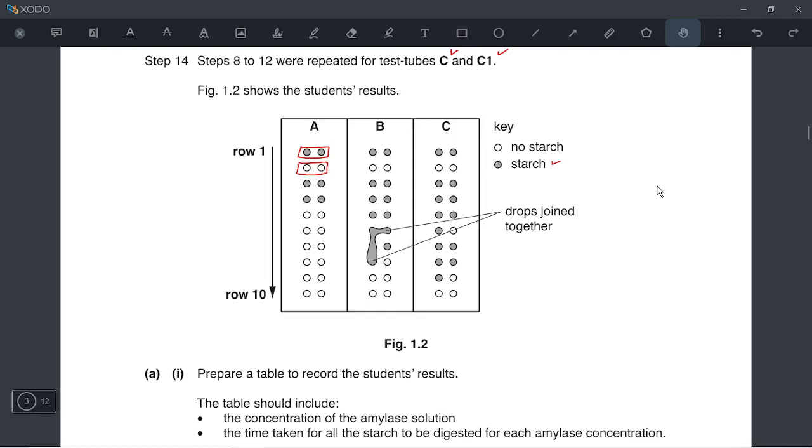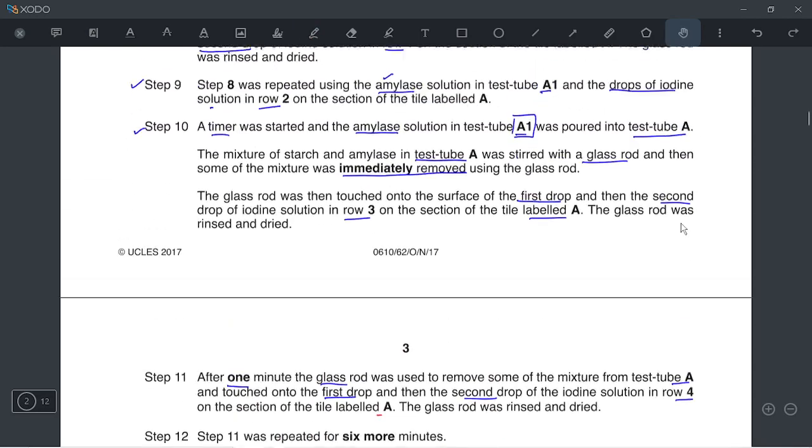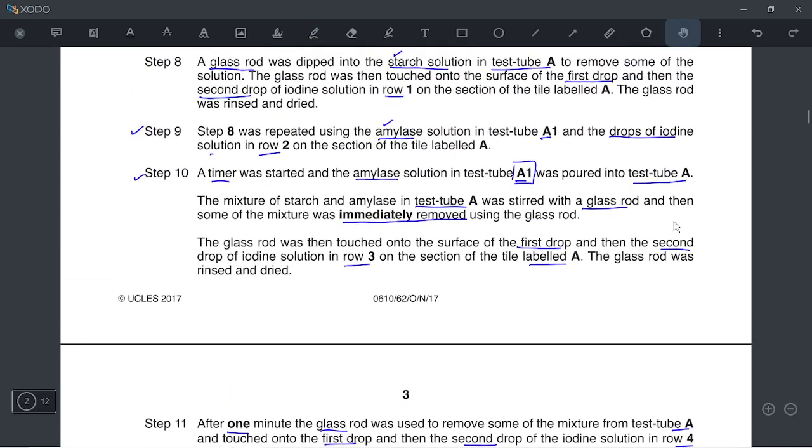For row 3 and row 4, we find there is starch. In both the drops there is starch. For row 3, what was taken?